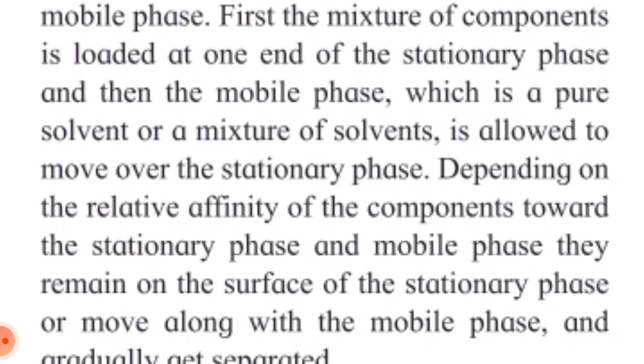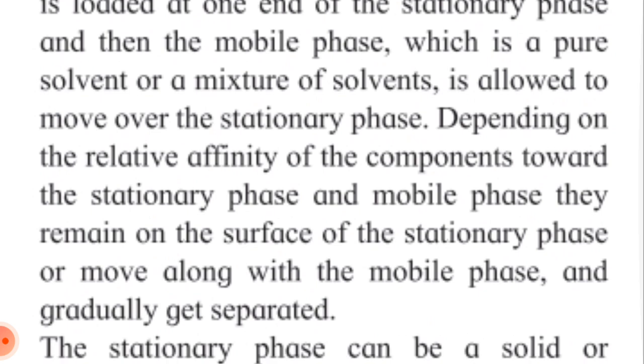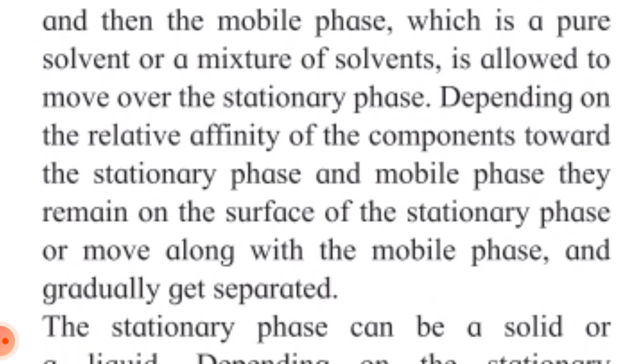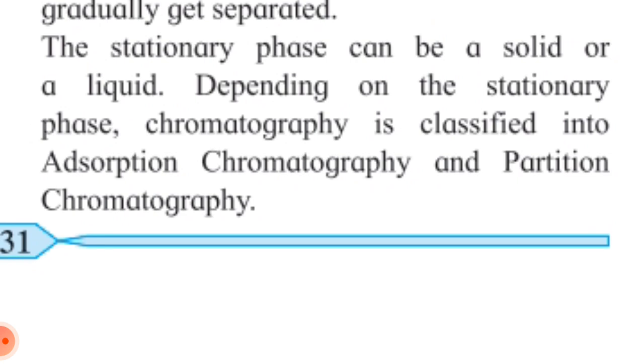First, the mixture of components is loaded at one end of the stationary phase, and then the mobile phase, which is a pure solvent or a mixture of solvents, is allowed to move over the stationary phase. Depending on the relative affinity of the components towards the stationary phase and the mobile phase, they remain on the surface of the stationary phase or move along with the mobile phase and gradually get separated.